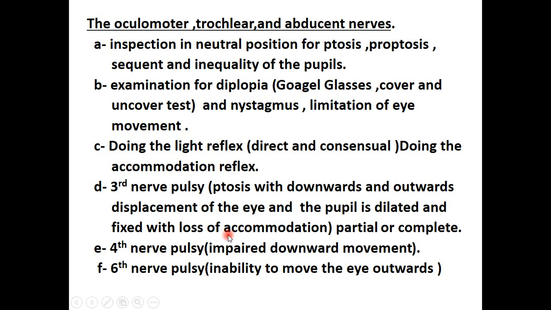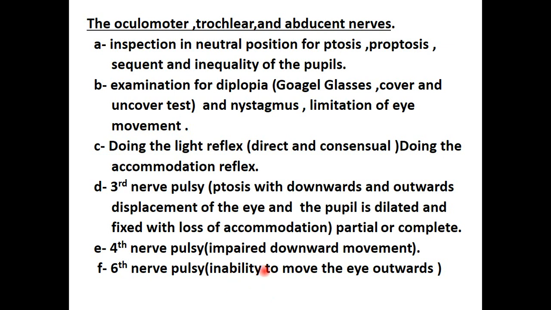The oculomotor nerve supplies the levator palpebrae superioris, the medial rectus, the superior rectus, the inferior rectus and the inferior oblique, and also the pupil. So five muscles are supplied by the oculomotor nerve.